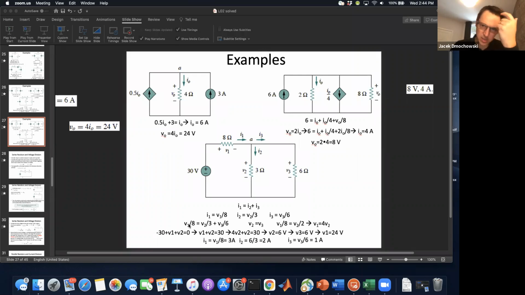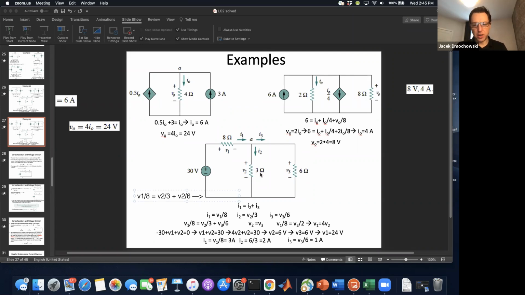So we have, and now I'll try to annotate it just with text, V1 over 8 is equal to V2 over 3 plus V2 over 6. So that becomes, with the lowest common denominator, that can be reduced to V2 times, let's see, a third plus a sixth is equal to a half.